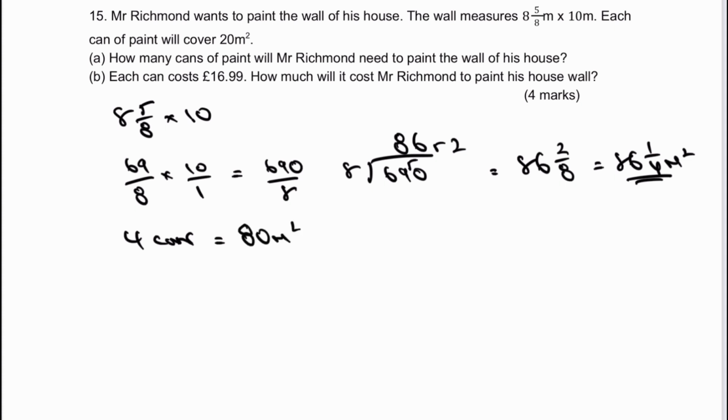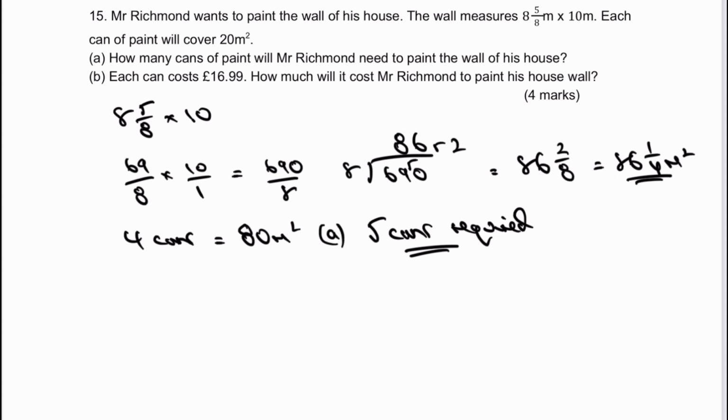Well, that's too little for me because I need 86 1/4, therefore I need to buy 5 cans required. And although he's going to have a little bit left over, he's going to have to buy it whether he likes it or not. Okay, so A is going to be 5 cans required.